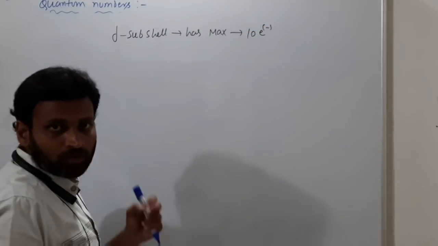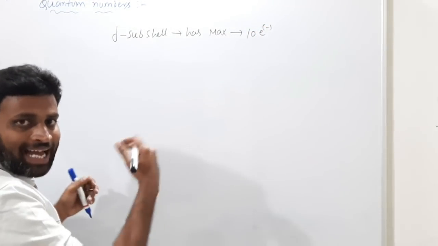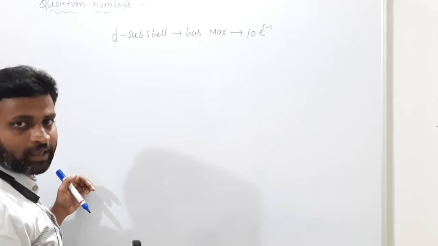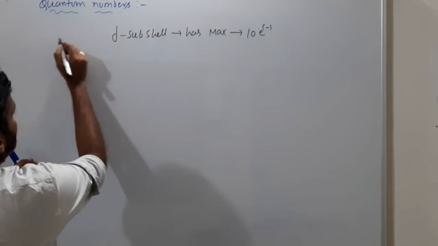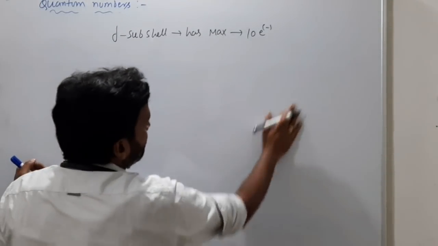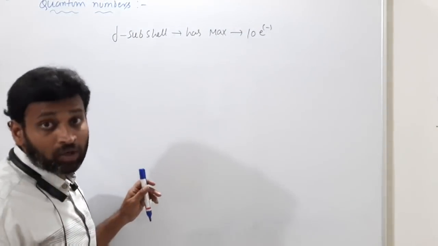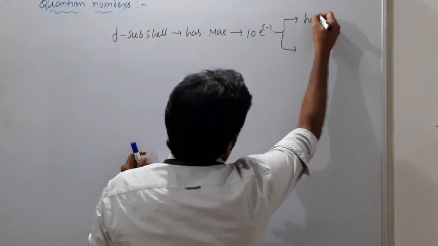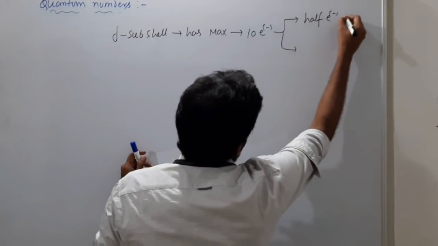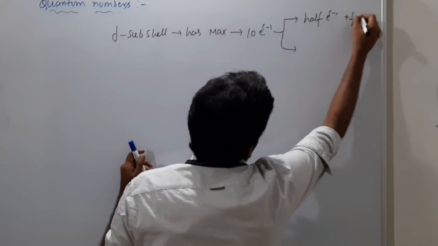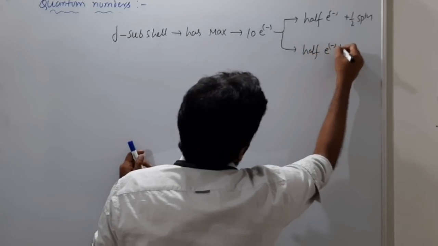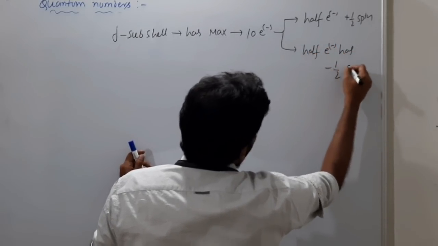How did I tell you? 4L plus 2, or add 4 each time: 2 plus 4 is 6, 6 plus 4 is 10. Among them, half the electrons have plus half spin and half have minus half spin.